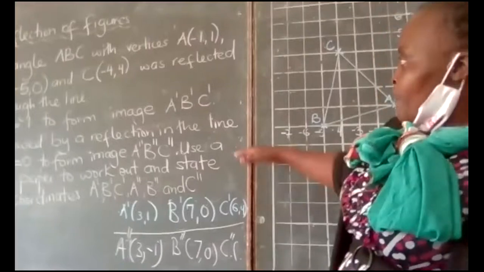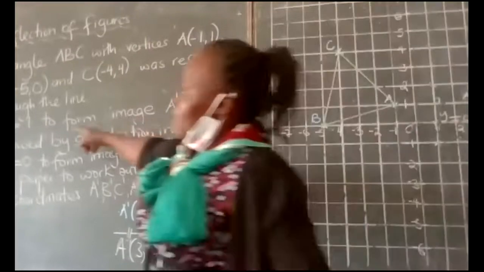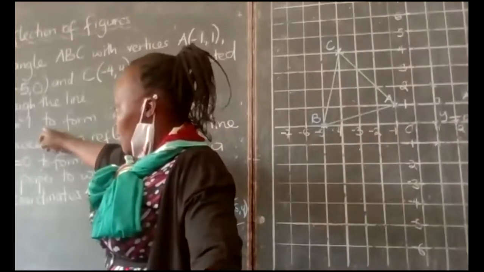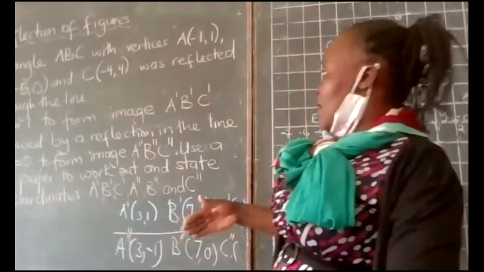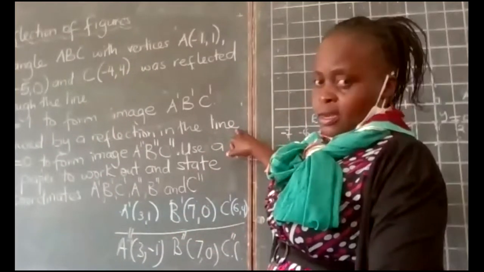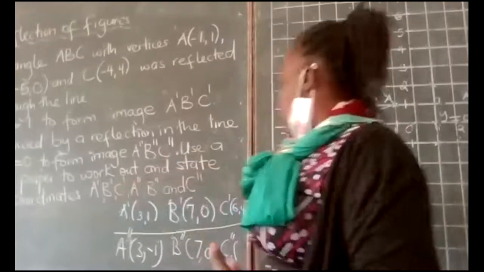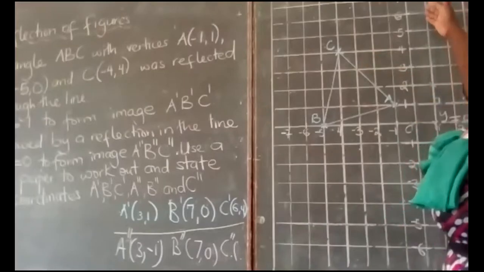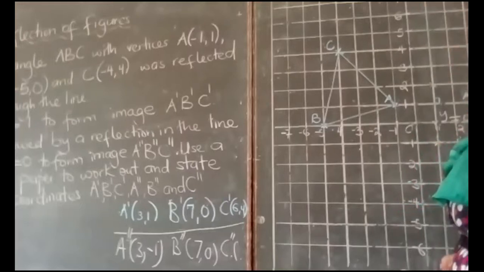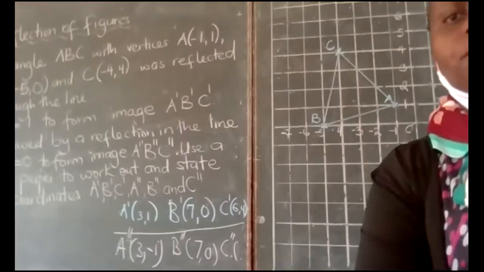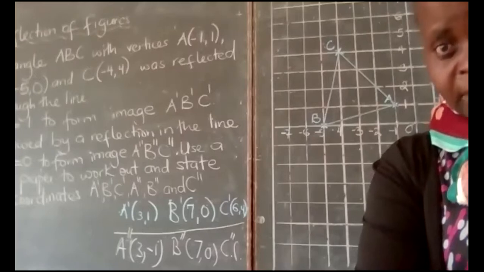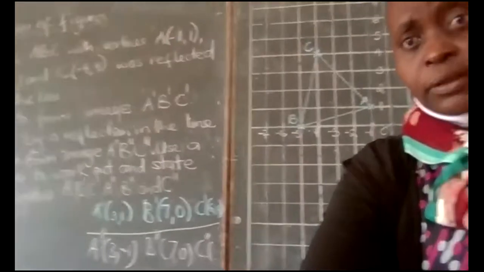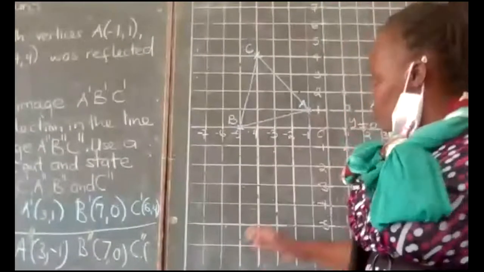We are first reflecting through the line x equals 1, followed by a reflection in the line y equals 0, which means that after reflecting through the mirror line x equals 1, it has to be followed by another reflection through the line y equals 0.